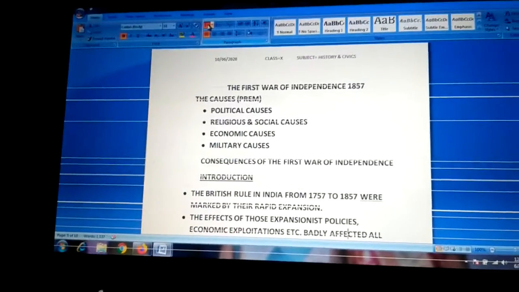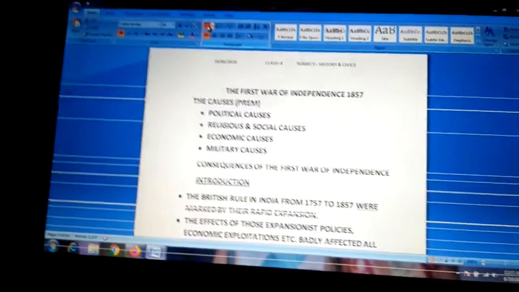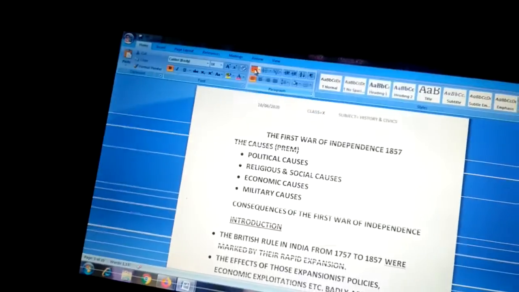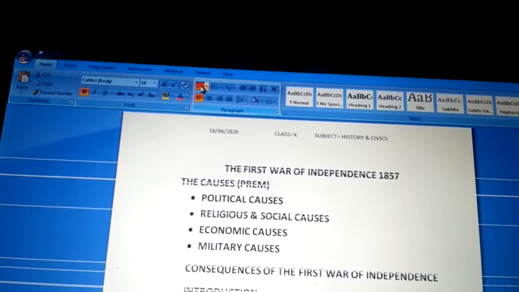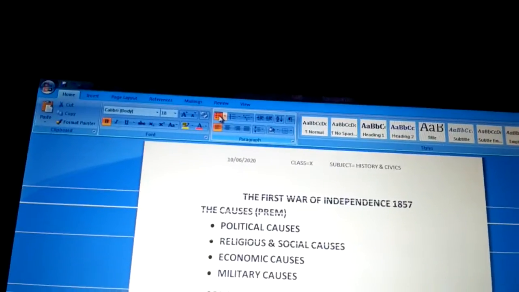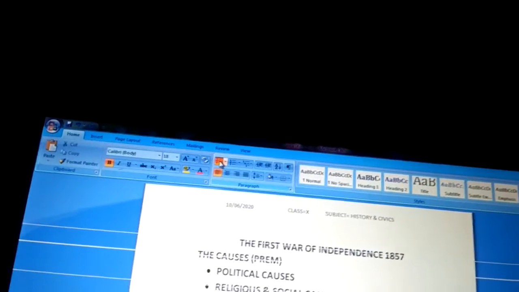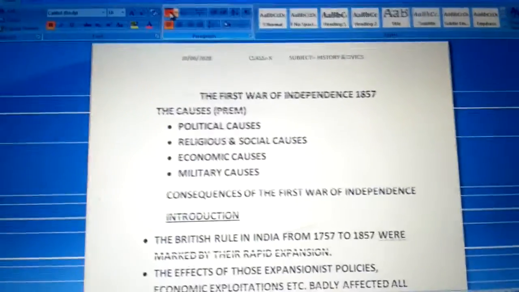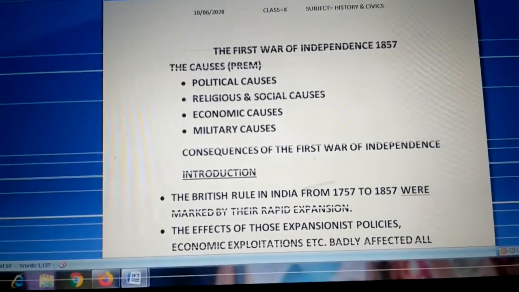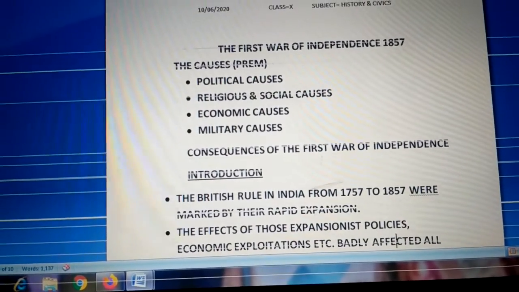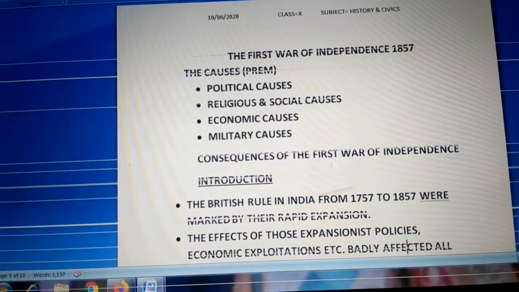So in this chapter, what is the main learning? The First War of Independence, 1857. That means, why did the First War happen in 1857?